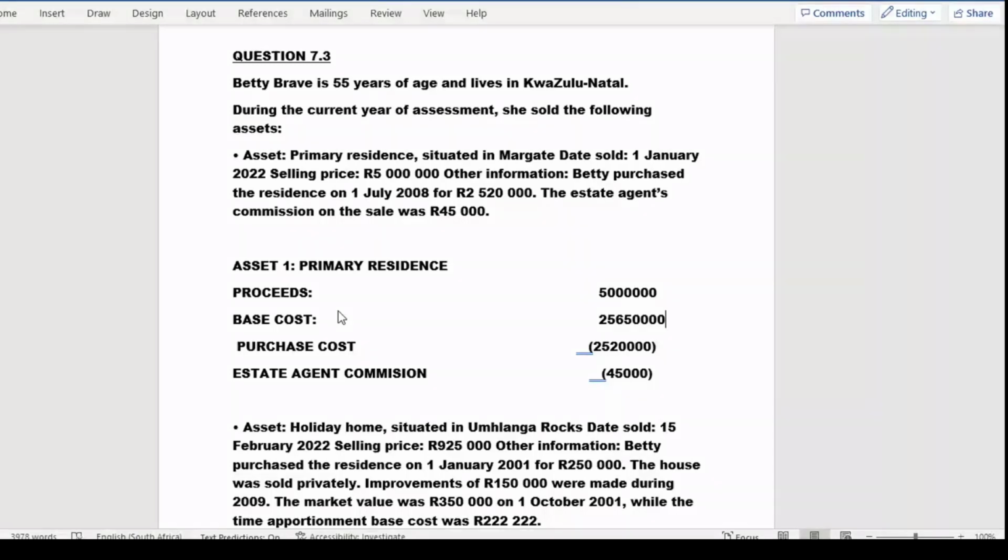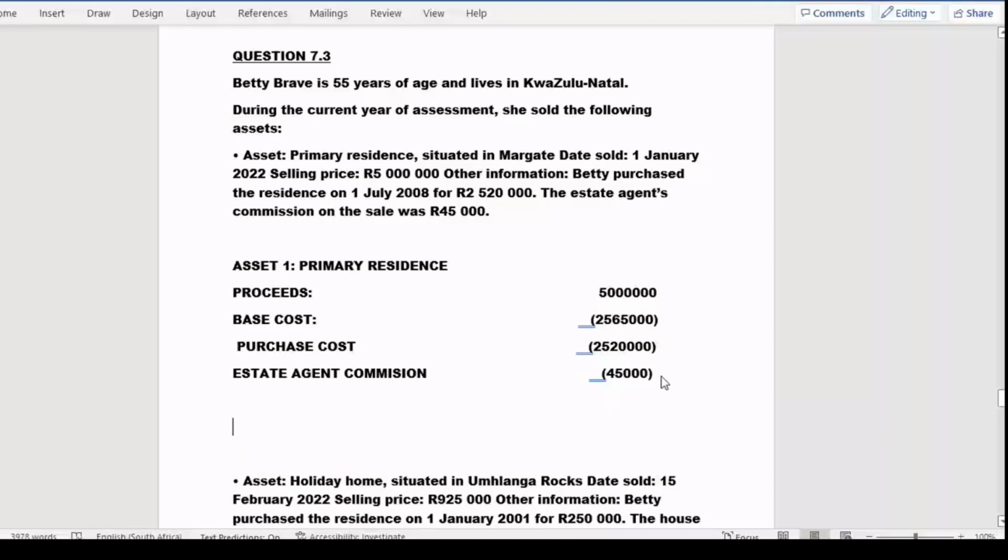And how much is the difference between 5 million and 2,565,000? That'll be your taxable capital gain. How much is it, Anthony? 2,435,000.